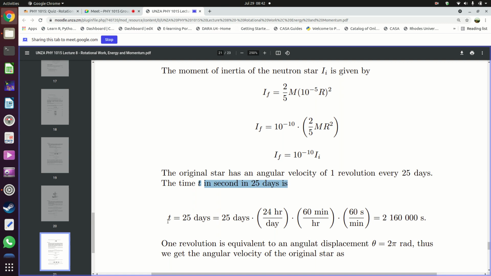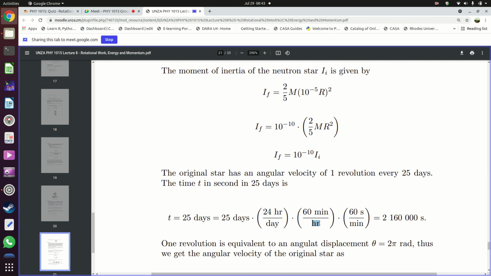So t is equal to 25 days multiplied by 24 hours per day. The day cancels out, so we have 25 times 24 hours, but we want to express this in seconds, so we multiply by 60 minutes per hour.